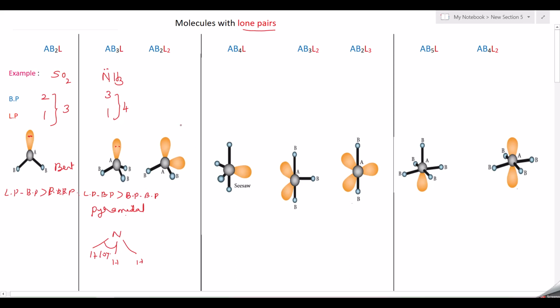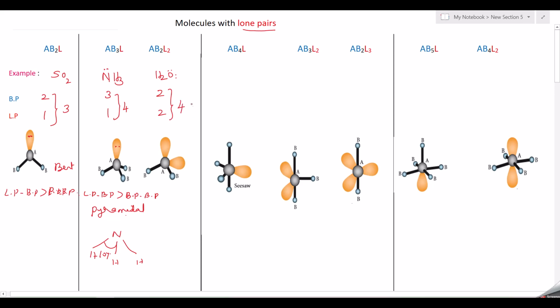So the next one, AB2L2. The example is water, H2O. Oxygen is the central atom. 2 hydrogens are covalently bonded to oxygen. So the number of bond pairs is 2 and oxygen has 2 lone pairs of electrons, so the number of lone pairs is also 2. So you are getting a total of 4 pairs.